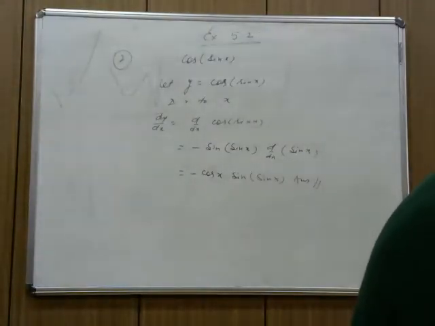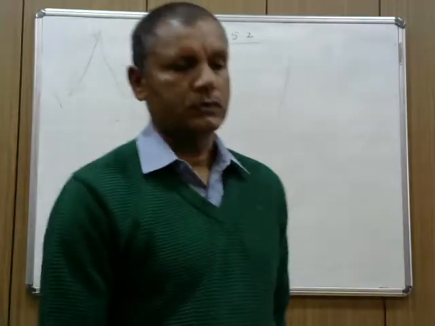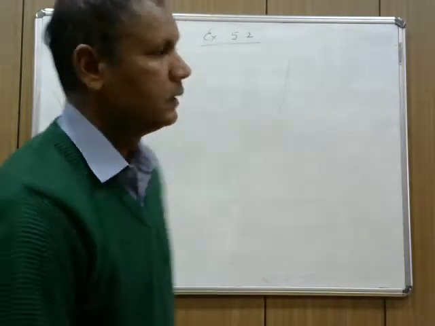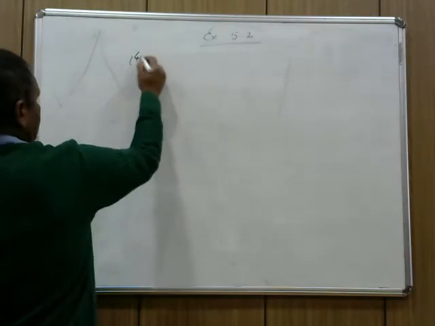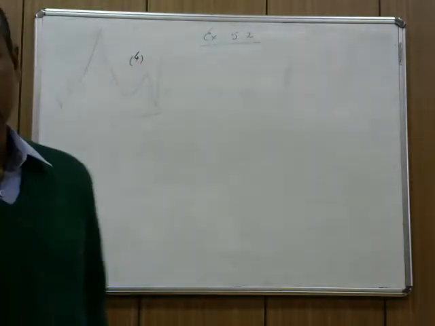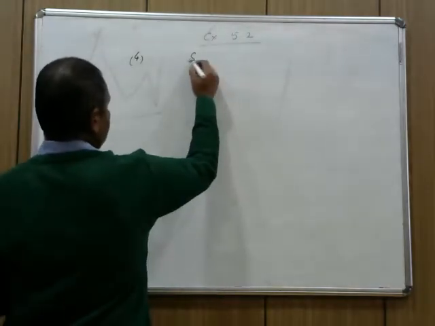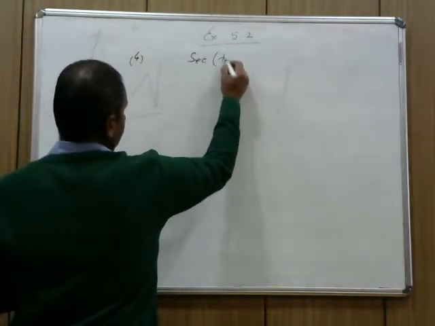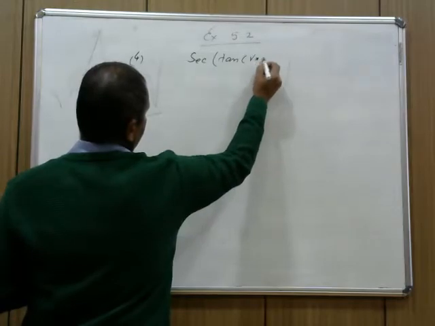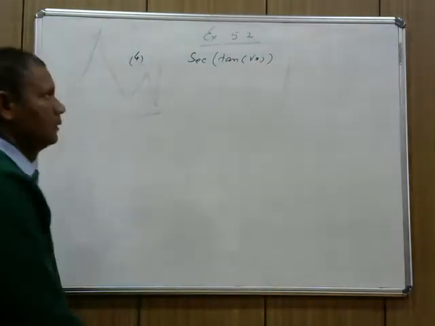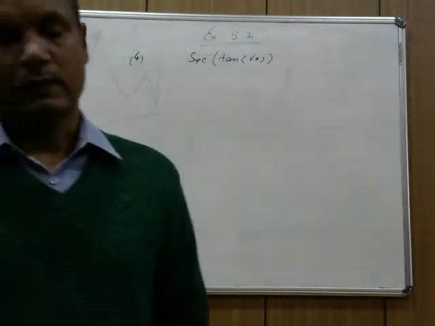That is y is equal to cos of sine x, right? Now next question, number 4, right? Therefore, we have to find the differentiation of sec tan under root x. Sec tan under root x.